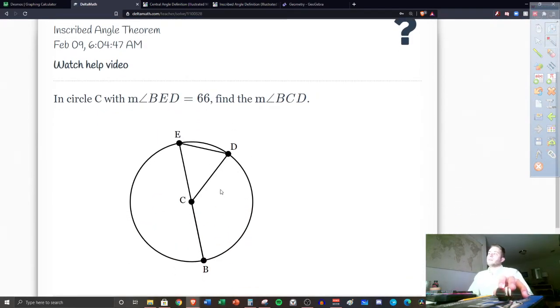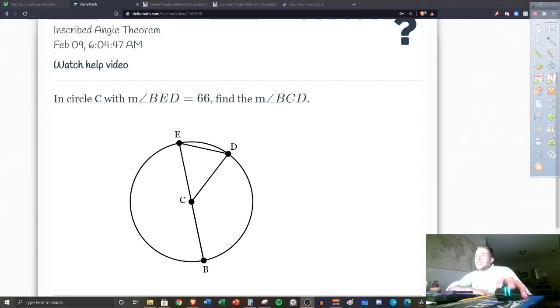Oh, this is a good one here. Let's see about this one. This is an interesting one. Let me think about this one. All right, so looking at this one, BED, really it all depends on where the points lie. So BED is the inscribed angle, and we know that that's 66.